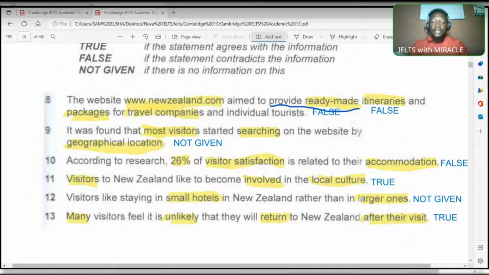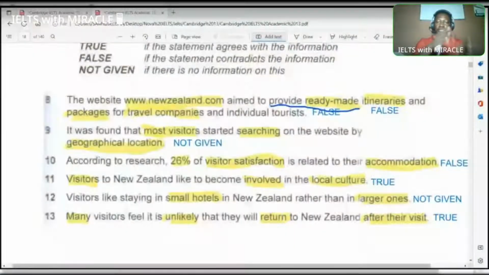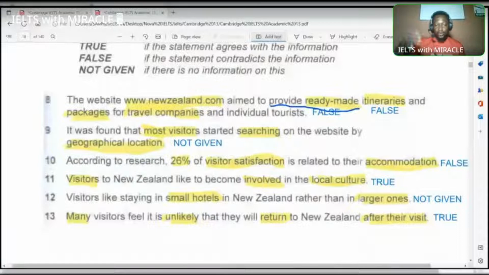Now, for not given, like I said earlier, you would notice that after the keywords you have highlighted, you are most likely going to notice that one or more of those keywords will not be found in the passage. In some cases, you will see all the other keywords, but you just notice that one particular keyword is not there.